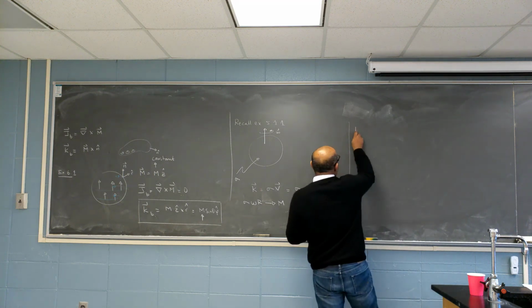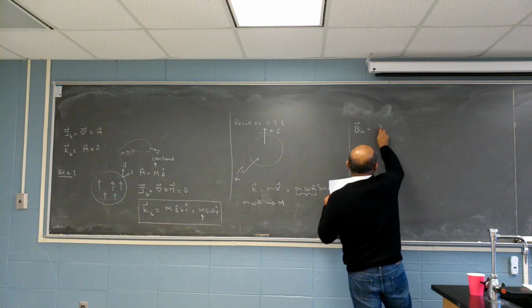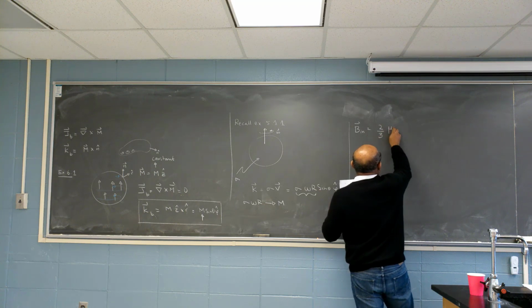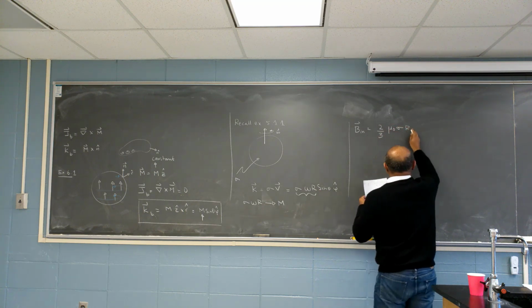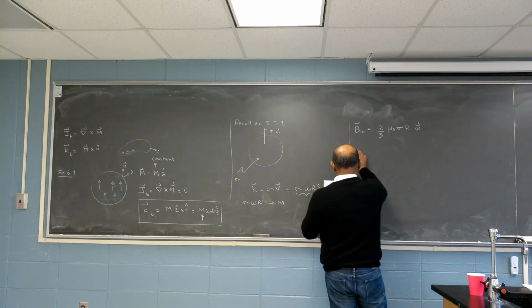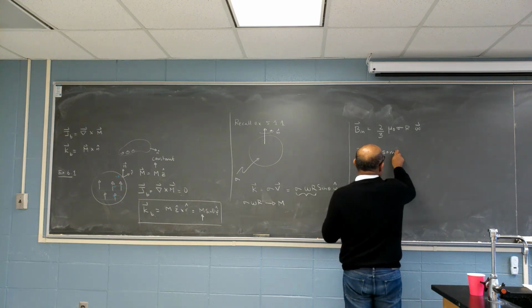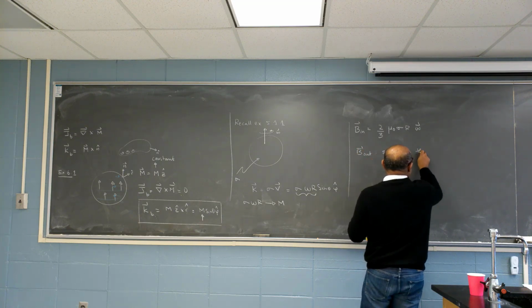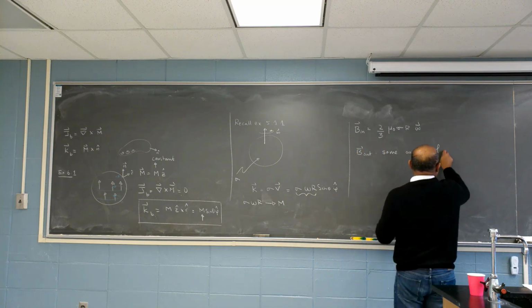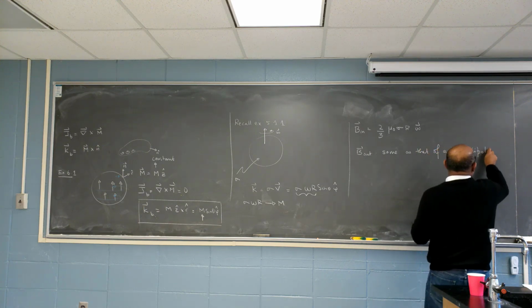So we had, in this case, found out that the B inside, in this problem, I'm just copying it from our notes, was 2/3 mu naught sigma R omega, and B out was the same as that of a pure dipole. You can look up the expression.